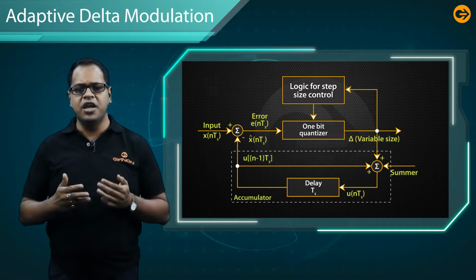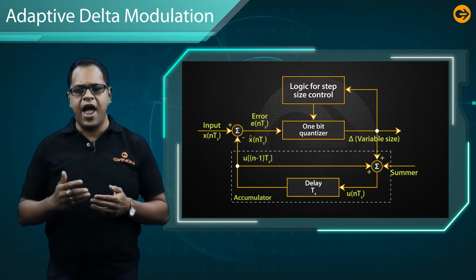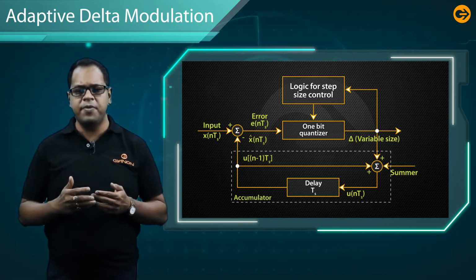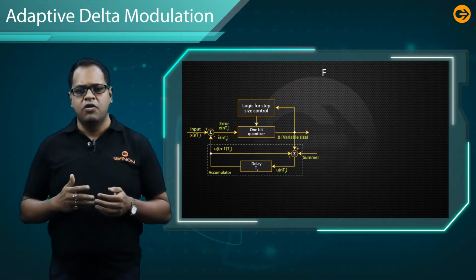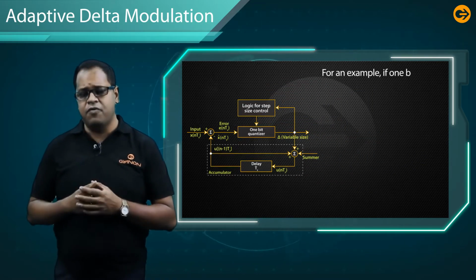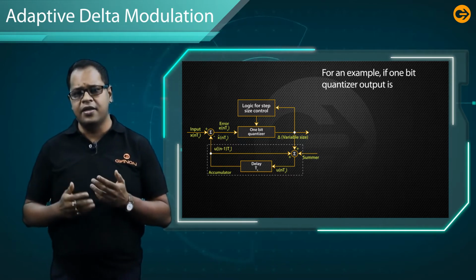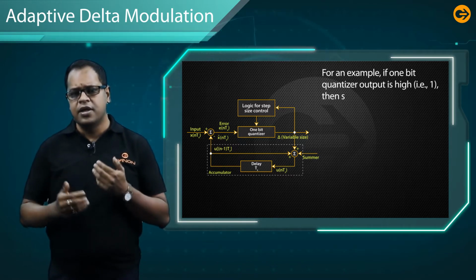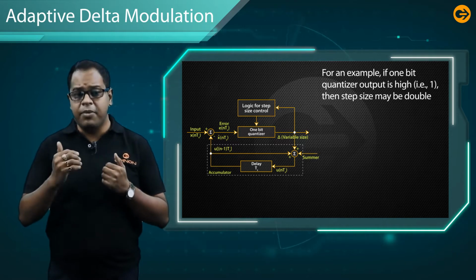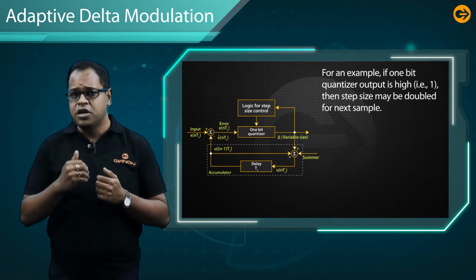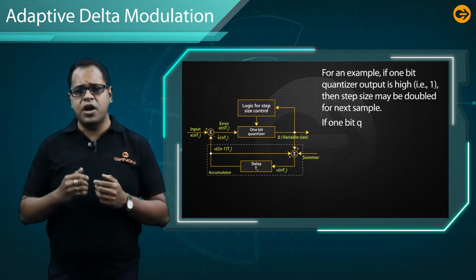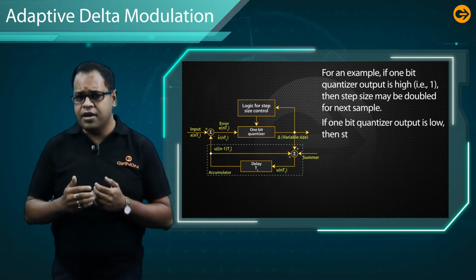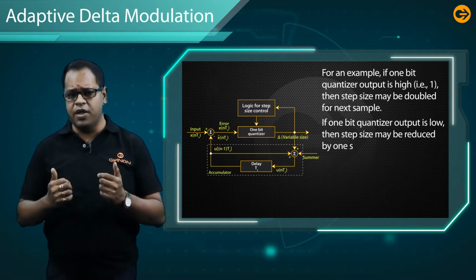The step size is increased or decreased according to a specific rule depending on the 1-bit quantizer output. For example, if the 1-bit quantizer output is high, that is logic 1, then the step size may be doubled for the next sample to continue with the message signal. If the 1-bit quantizer output is low, then the step size may be reduced by one step.